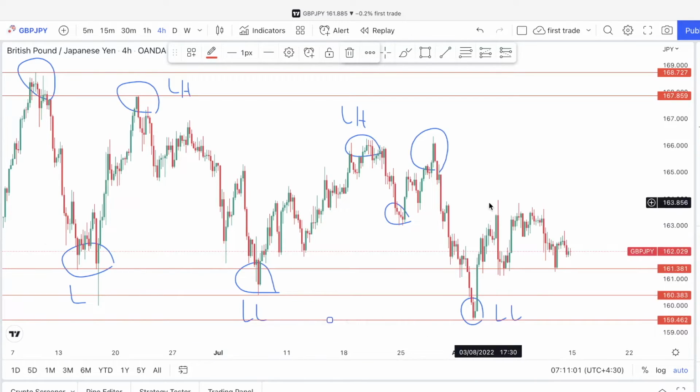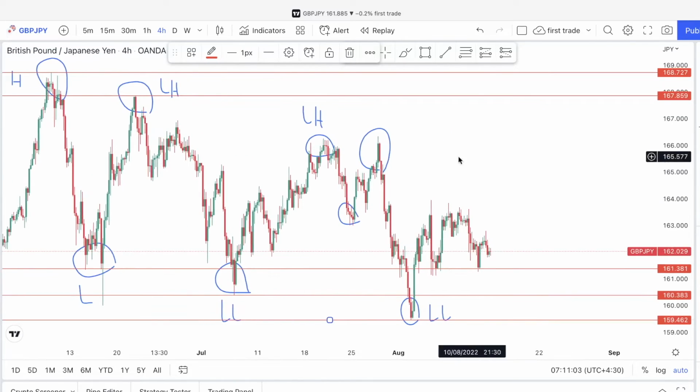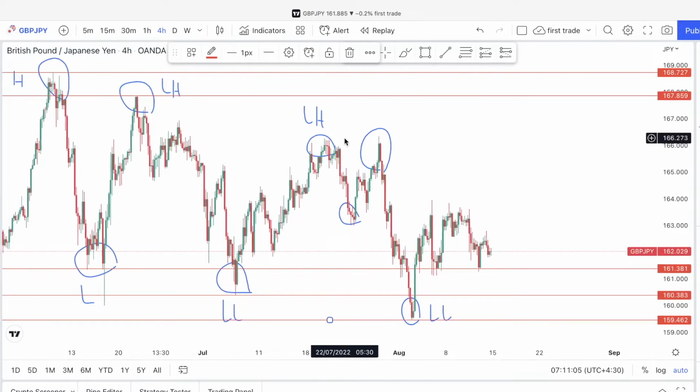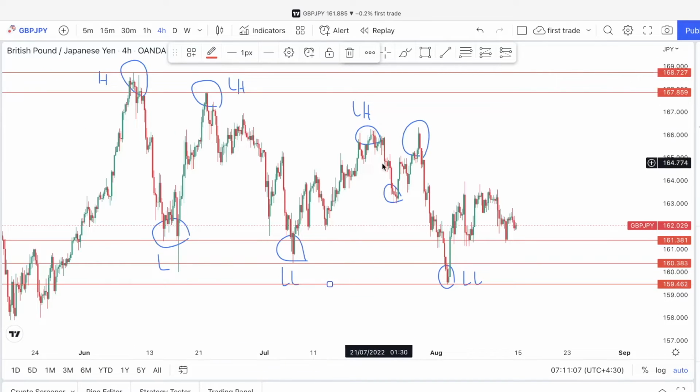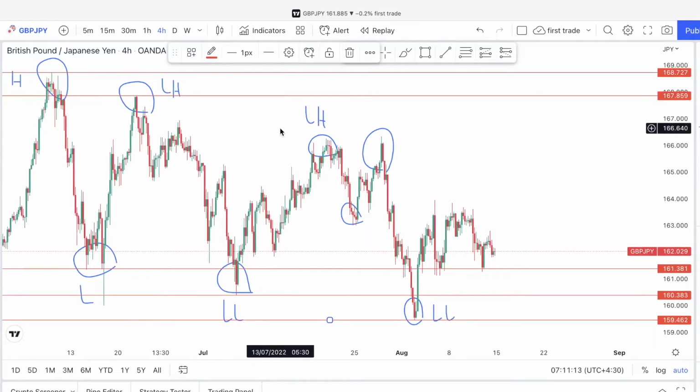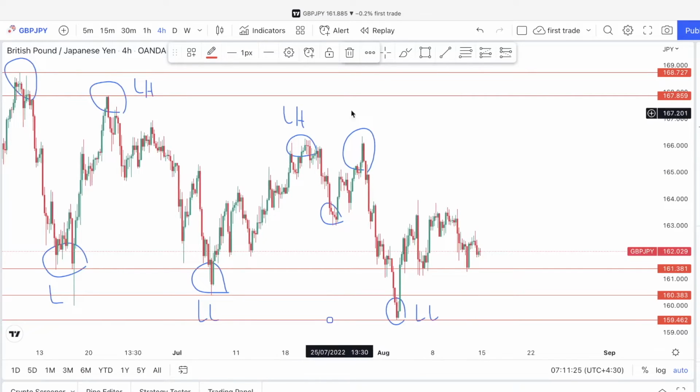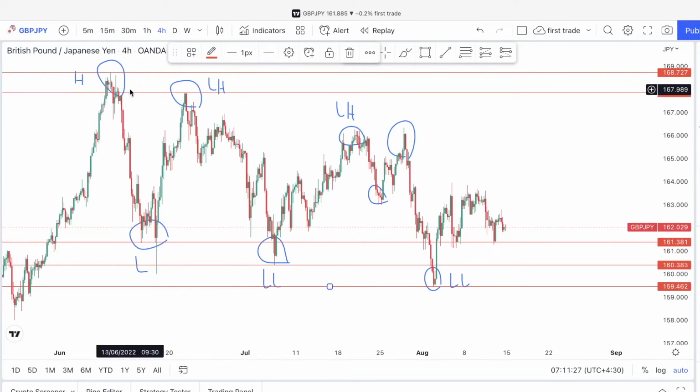These are all lows. Okay, so I guess we can understand that we are in a downtrend. So we are in profit if we open a short position, if we sell in this market. Probably it's not to our benefit to buy in this market because the market is down. We have a downtrend here.